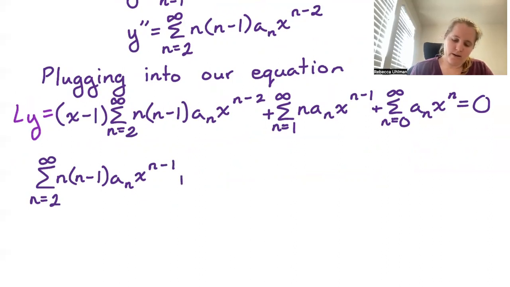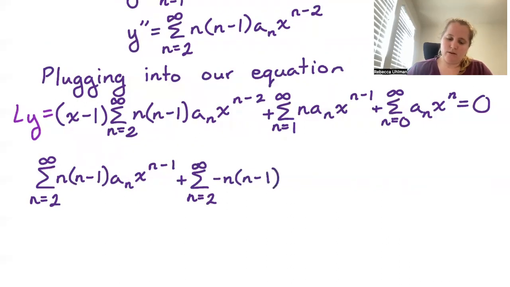Then multiplying in the negative 1, we have plus the sum from n equals 2 to infinity of negative n times n minus 1 times a sub n times x to the n minus 2.